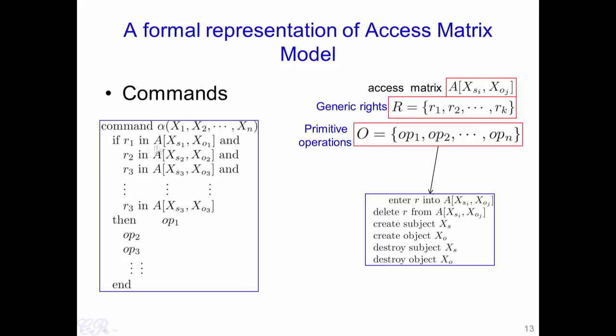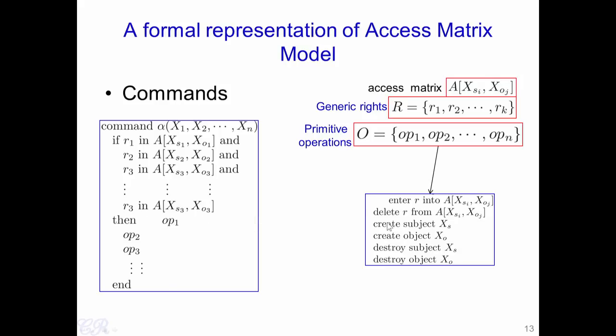For instance, if R1 is in this matrix cell and R2, R3 and so on, then perform these following operations. So, what we are seeing is that based on these low level primitive operations, the generic rights and the access matrix, we can have more complicated commands on the access matrix.